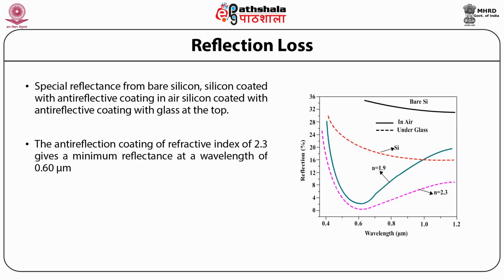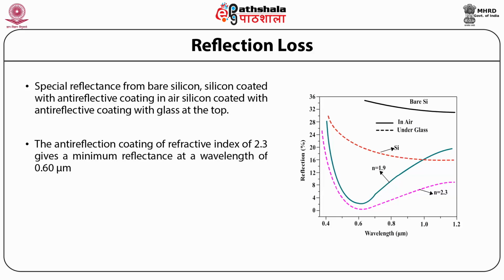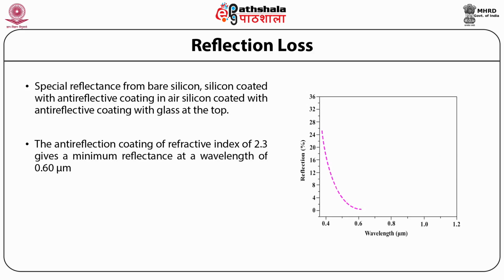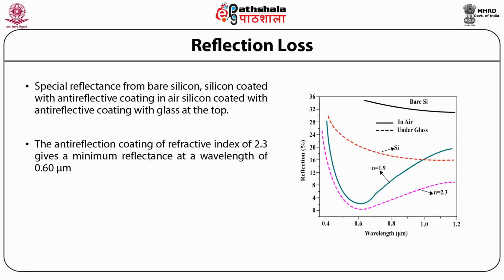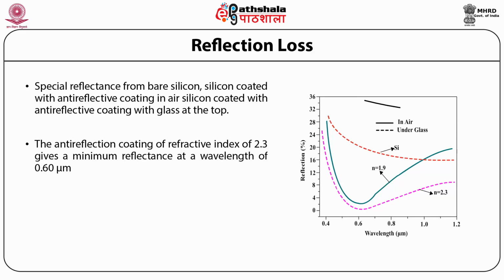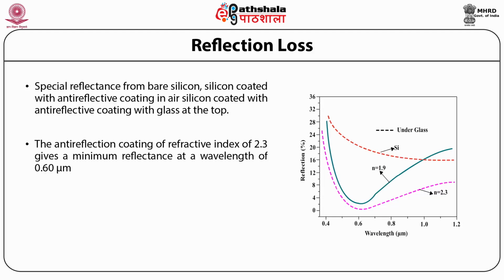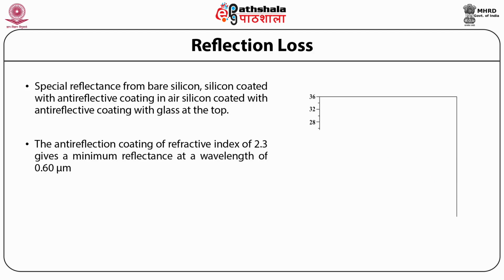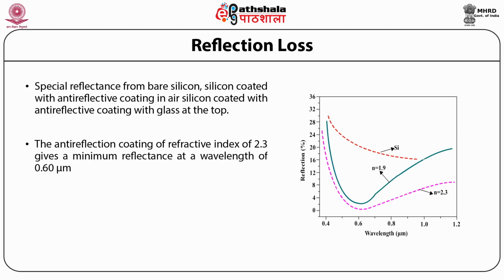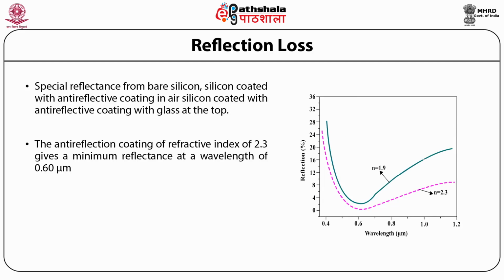Several materials have been tried as the anti-reflective coatings on the solar cells, such as magnesium fluoride having refractive index in the range of 1.3 to 1.4, SiO having refractive index in the range of 1.8 to 1.9, SiO2 having n1 equal to 1.4 to 1.5, Al2O3, titanium oxide, zinc sulfide, Si3N4, etc. The reflectance can be further reduced by using multiple layer coating.